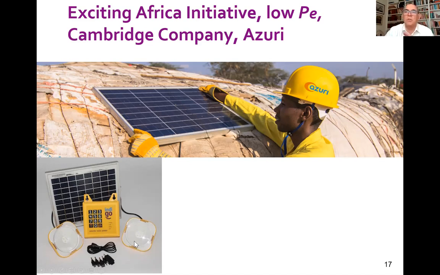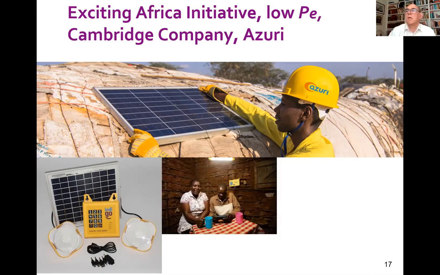But I want to show you two customers for the Azuri product. This is a couple in Kenya, husband and wife, and they run a shop. They have a larger panel than that, probably a panel about that big. They have a bigger controller with a bigger battery, and that is powering their computer. They're running their business off a computer and using a mobile phone, which they can charge.